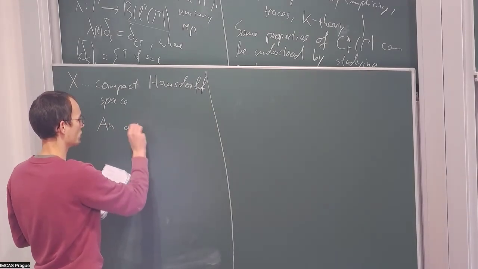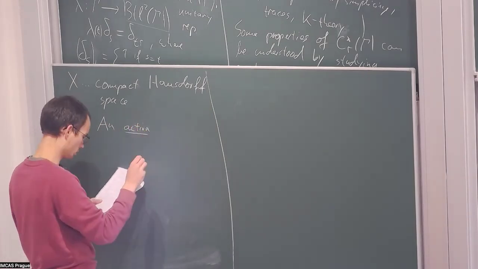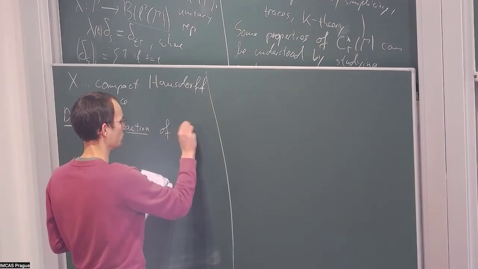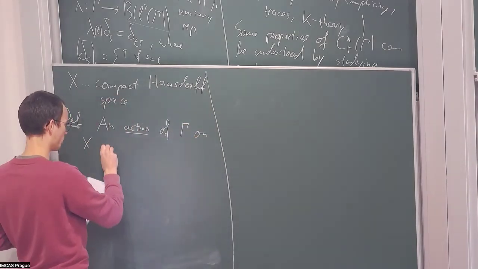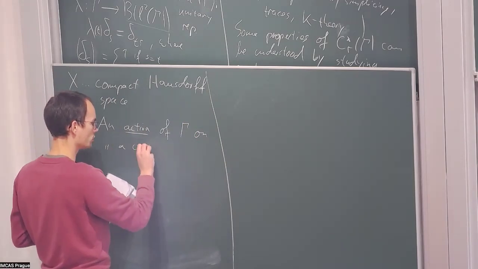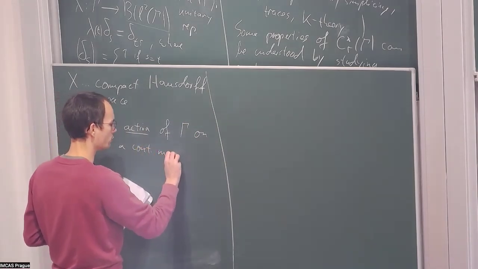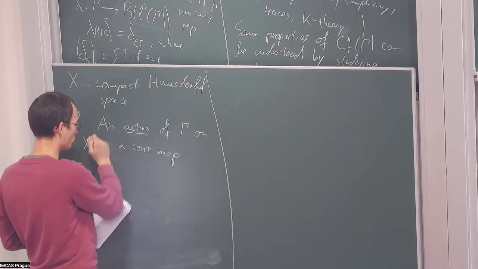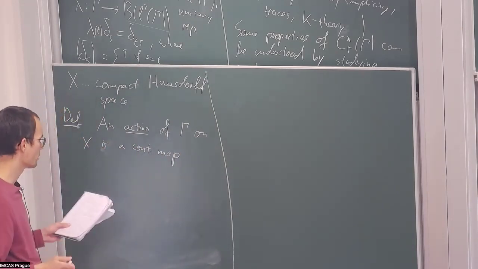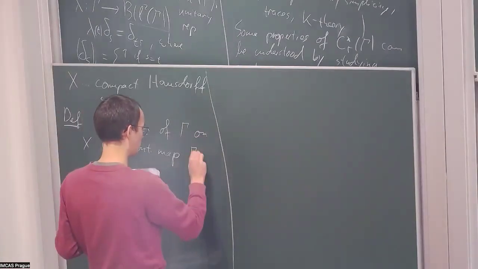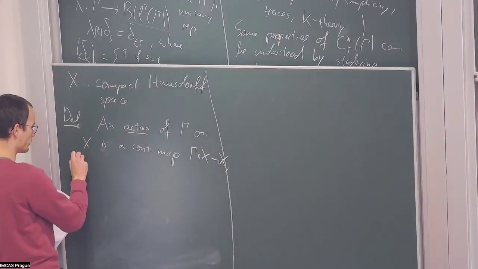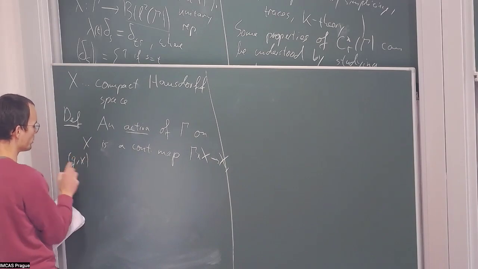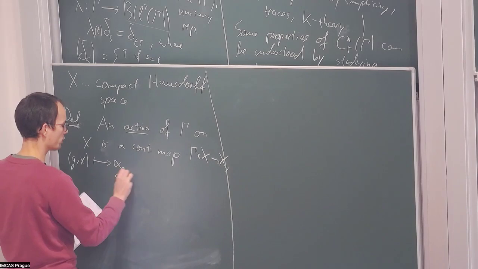An action of gamma on X is a continuous map. I guess in general you wouldn't have to ask it to be continuous, but we only want to look at continuous things. A continuous map from gamma times X to X. And I will typically write this as sending the tuple (g, x) to alpha g of x.